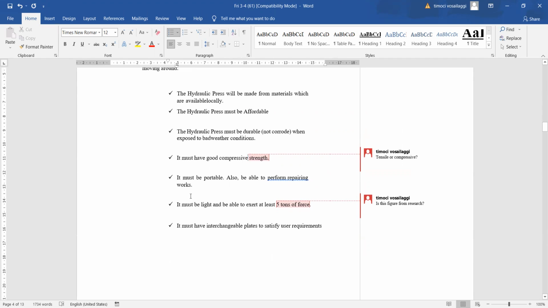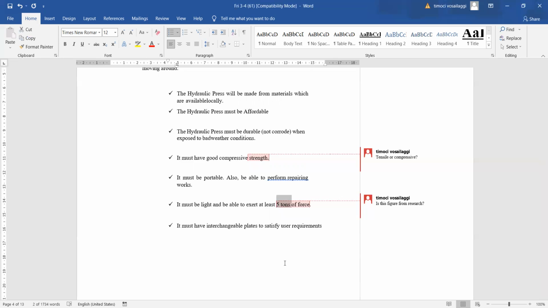Must be portable. Okay, you've mentioned this in your problem, so I 100% agree. Must be light and be able to exert at least 5 tons of force. Now, to this group, where did you get this value, 5 tons? Or why 5 tons?